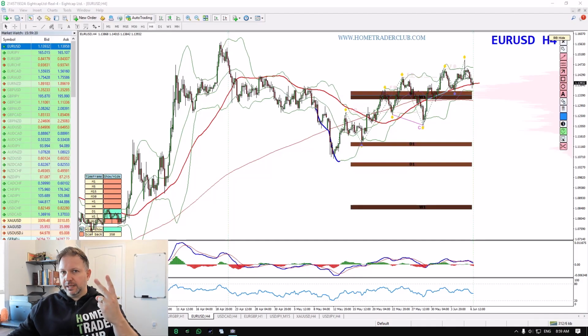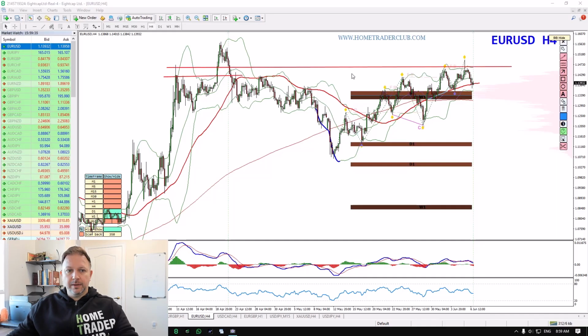However, there are two scenarios that still remain relevant at this stage for the euro dollar due to the current technical conditions. The bullish scenario is if the euro managed to hold this key supply level, which is still holding.